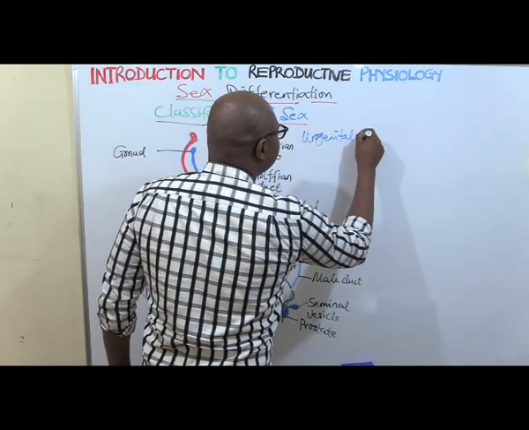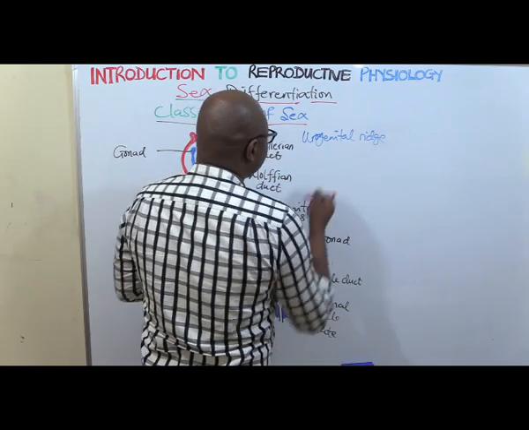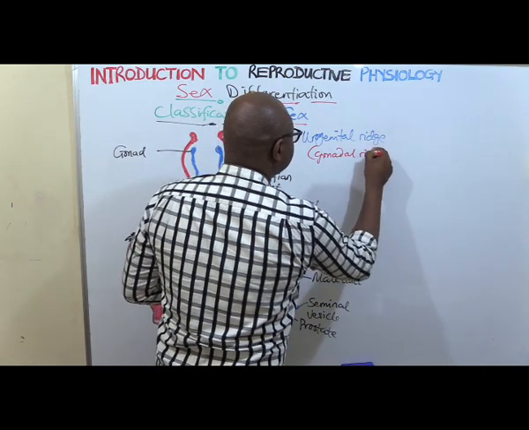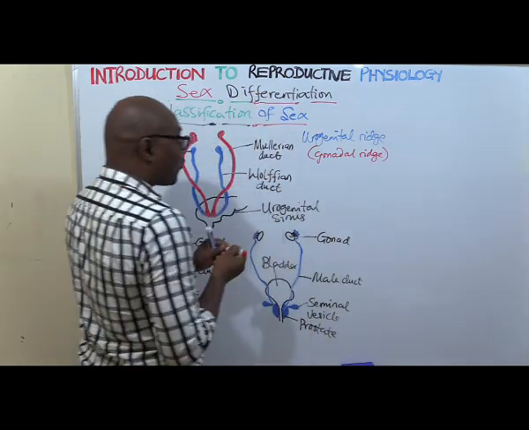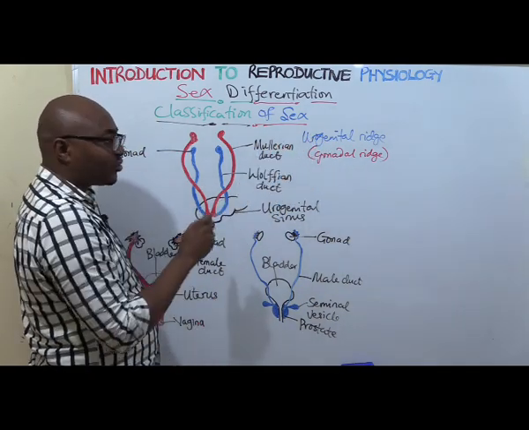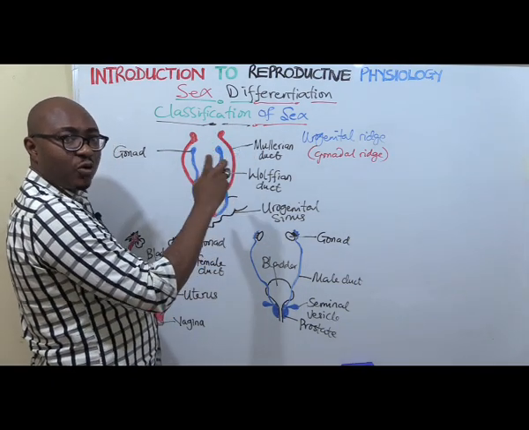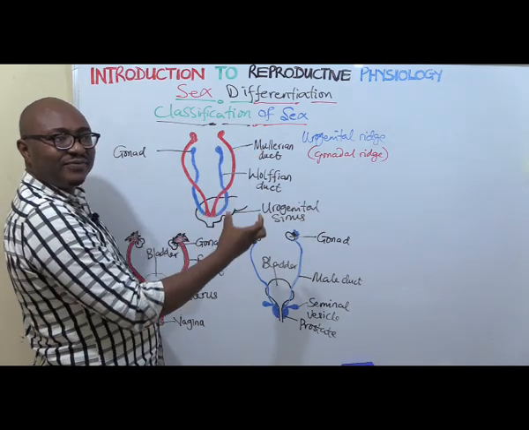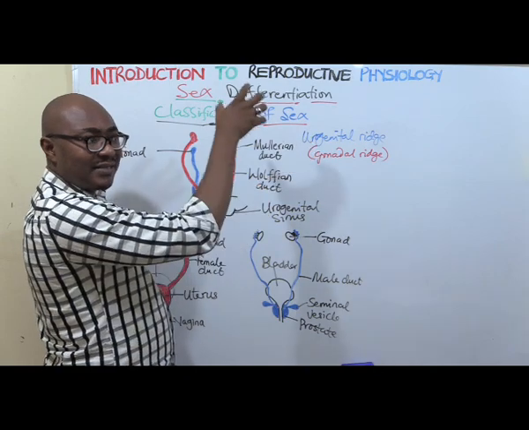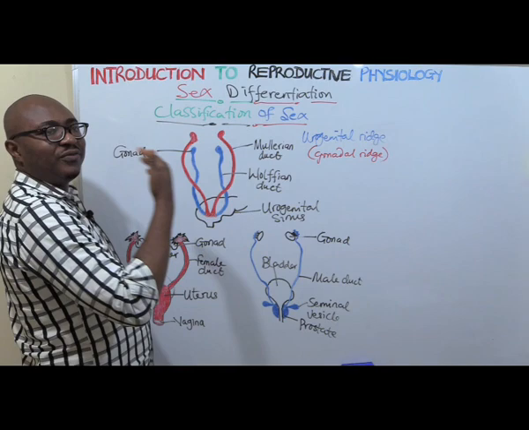It's from this primordial, primitive structure that the male or female reproductive organs will begin to develop from: both the gonads, the internal genitalia and the external genitalia.